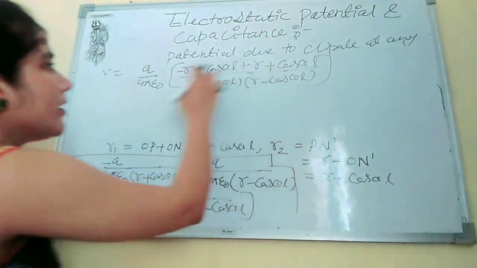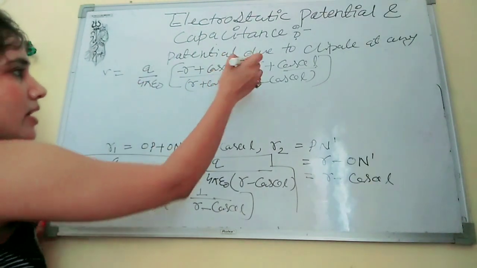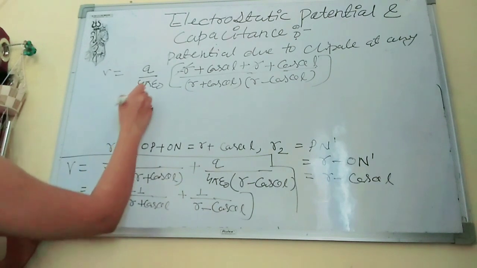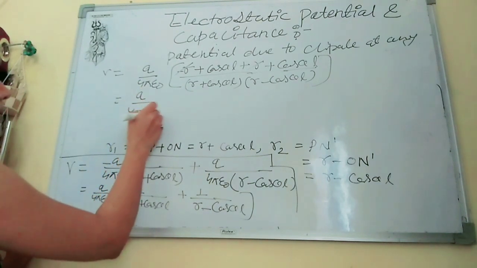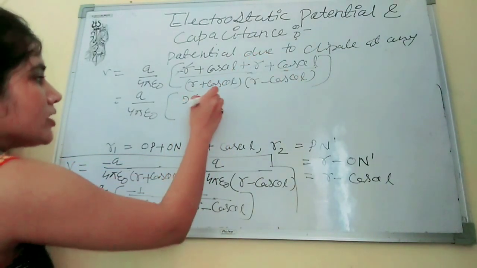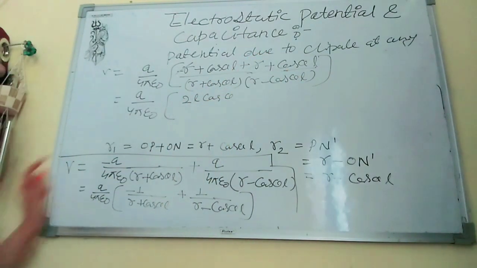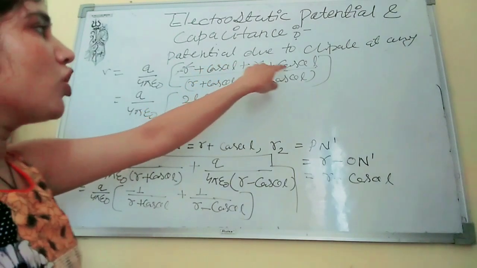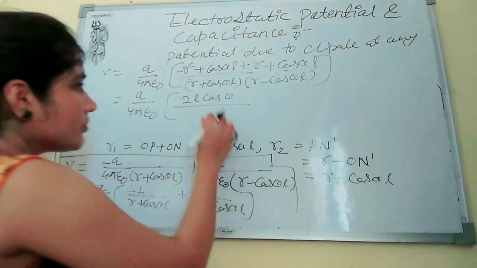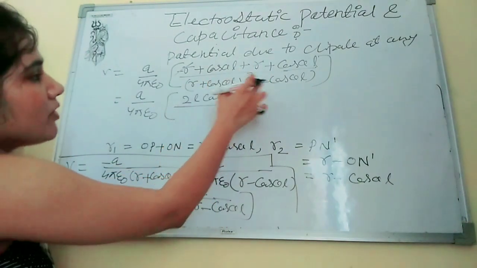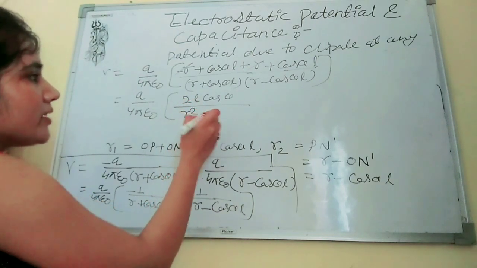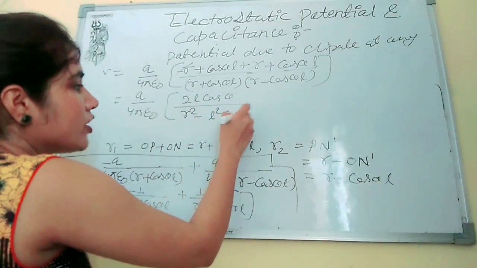Now this minus R and this plus R will cancel out simply. So what we will get, Q upon 4 pi epsilon naught, that will be 2L cos theta upon, now again it will become the formula of A square minus B square, so it will become R square minus L square cos square theta.